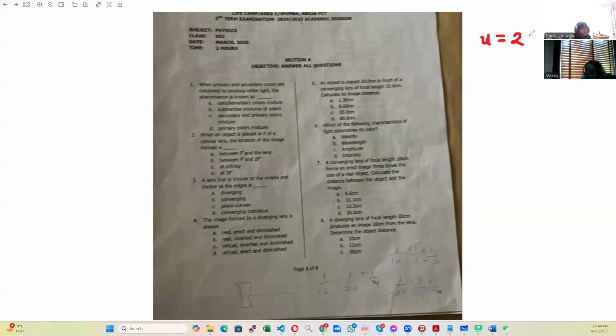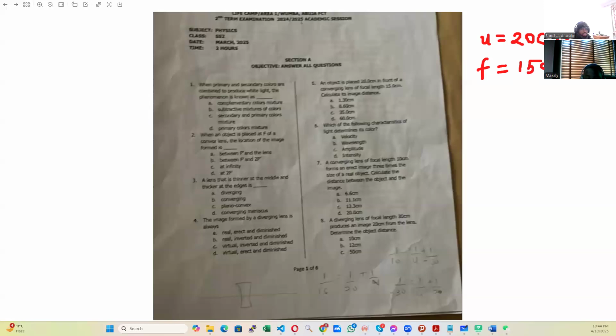Equals to U? Is it correct? Sylvester, you are the one taking the lead. And 15, oh, is F. F is 15. Well, F will be positive since it's a converging lens. F will be positive.